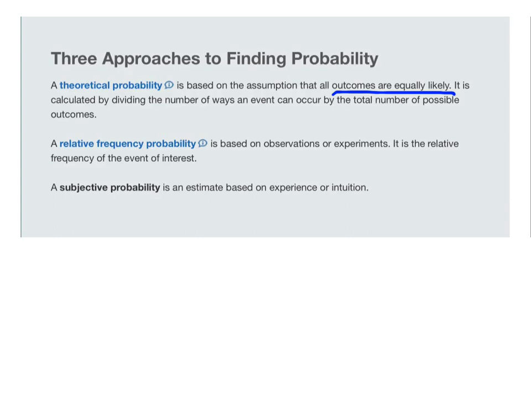The issue with the second type of probability, the relative frequency one, is that it is based on past observations and experiments. And what's missing from this is the fact that these can vary. So you may have seen this if you've flipped coins. You don't usually get exactly 50% heads and 50% tails. It's usually a bit off.